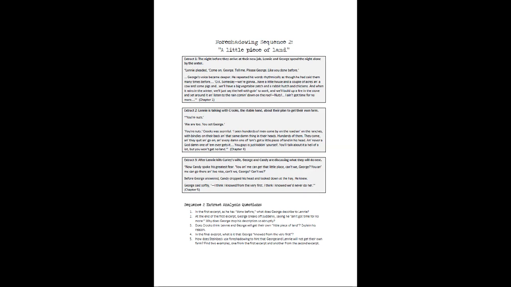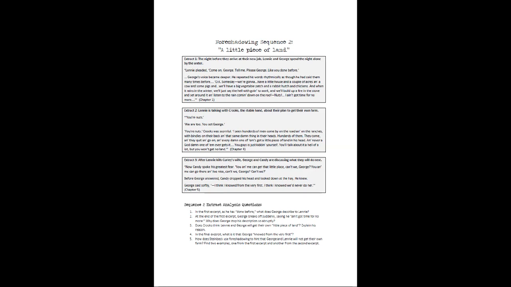Okay, so we've got these 5 questions. In the first excerpt, as he has done before, in quotation marks, what does George describe to Lenny? Second question, at the end of the first excerpt, George breaks off suddenly, saying he ain't got no time for no more. Why does George stop his description so abruptly?